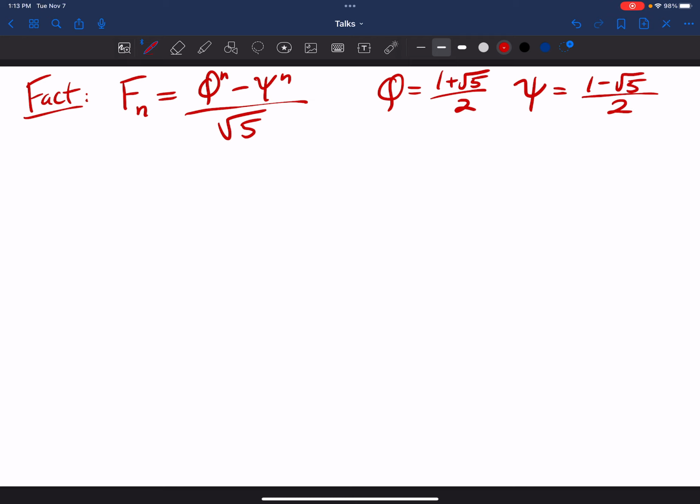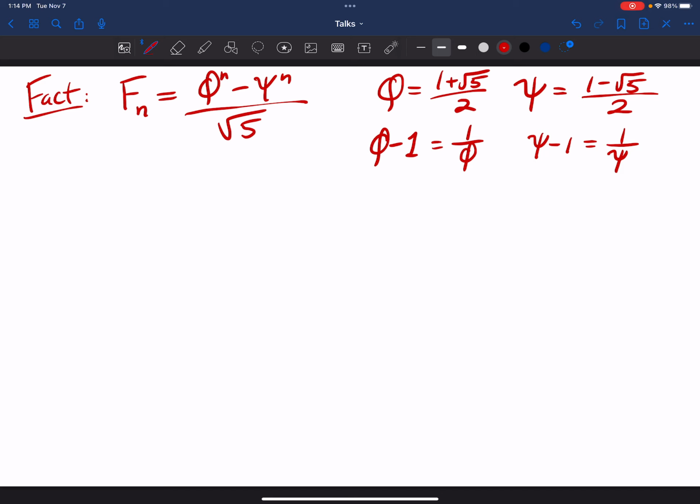And these are pretty special in that they satisfy the following equation. So if I take phi minus 1, I get 1 over phi. And similarly, psi minus 1 is equal to 1 over psi.